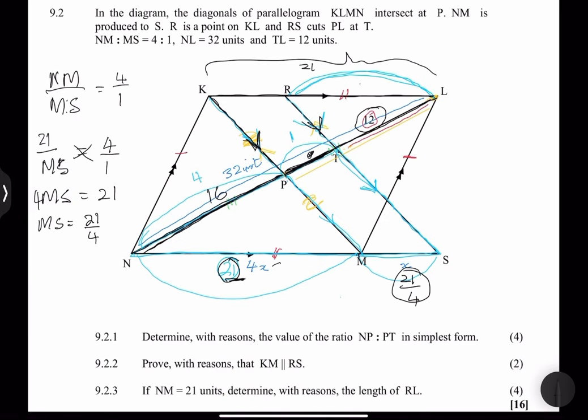So if this side is 16, we found out that this one is going to be 4 units, because their ratio is 4:1. Okay, so I know that this is going to be 4 units, which is PT, right? Remember, we did say that it's 4:1, so NP must be 4 times PT, so this must be 4 units, right?